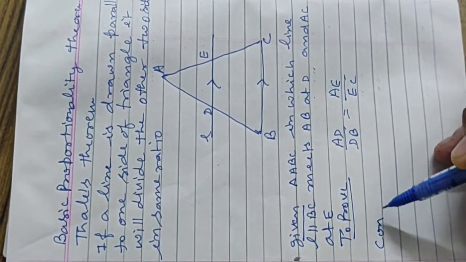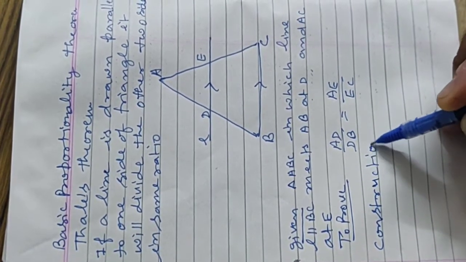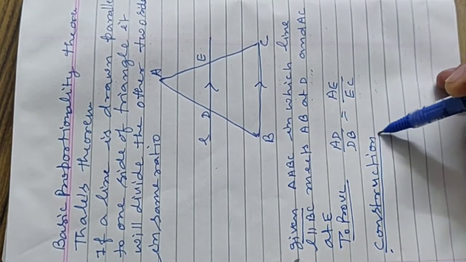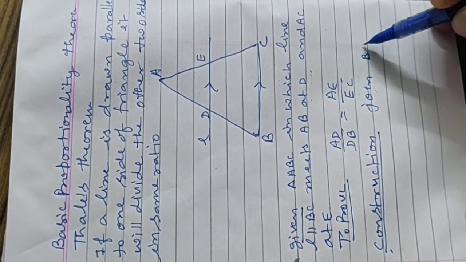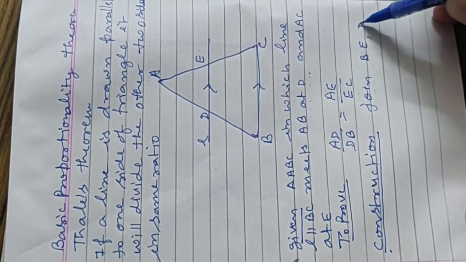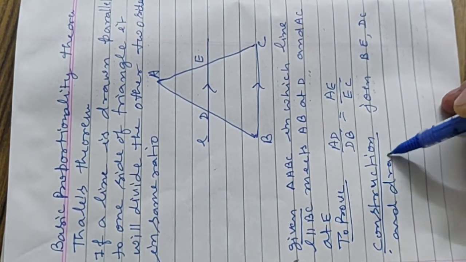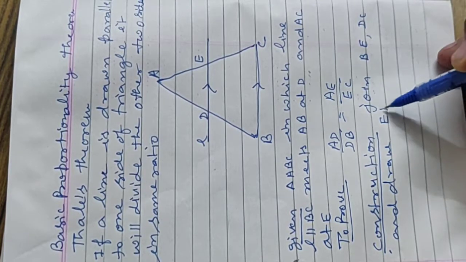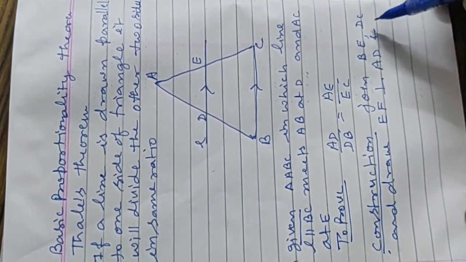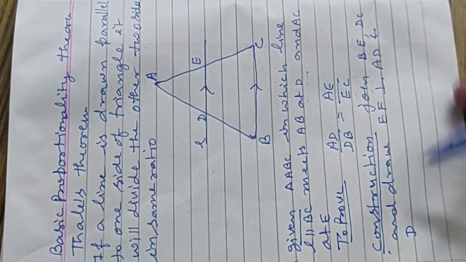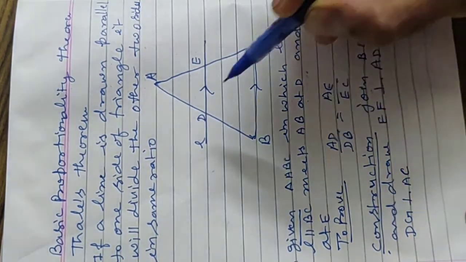For this, we will do some construction. Join BE, DC, and draw EF perpendicular to AD and DG perpendicular to AC.